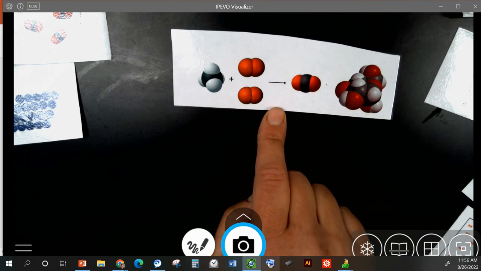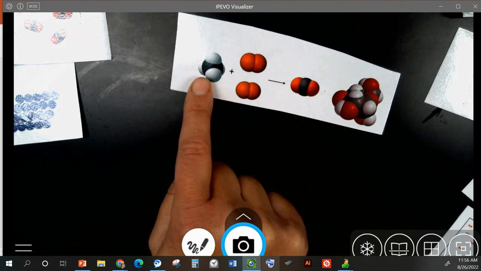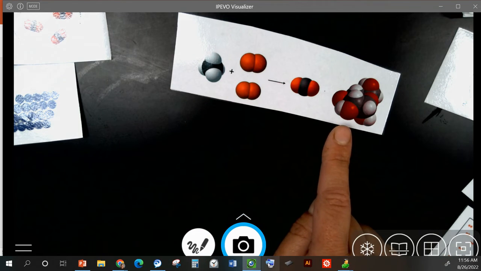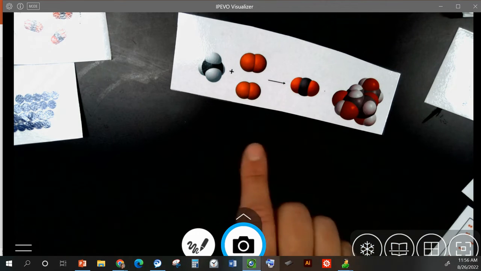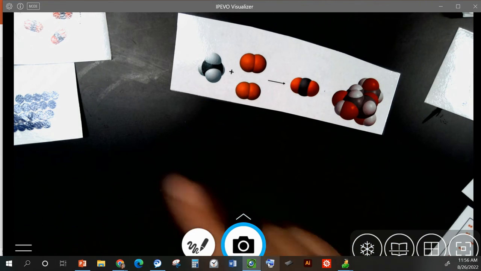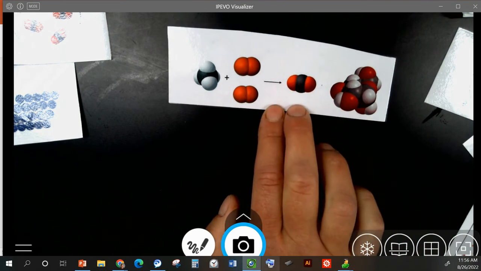So look at what's going on. This black one is a carbon. How many carbons are there? How many are over here? One. 1, 2, 3, 4. So we can't start with something and end up with something different. That's not a chemical change. That's impossible.